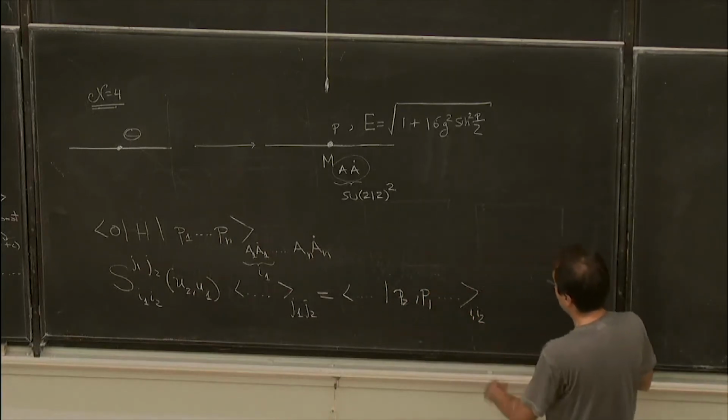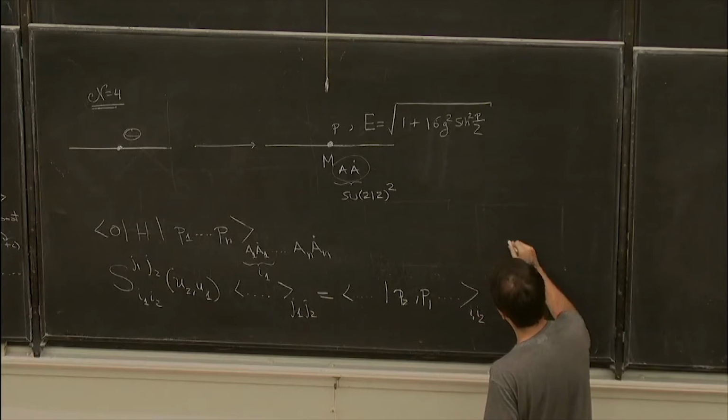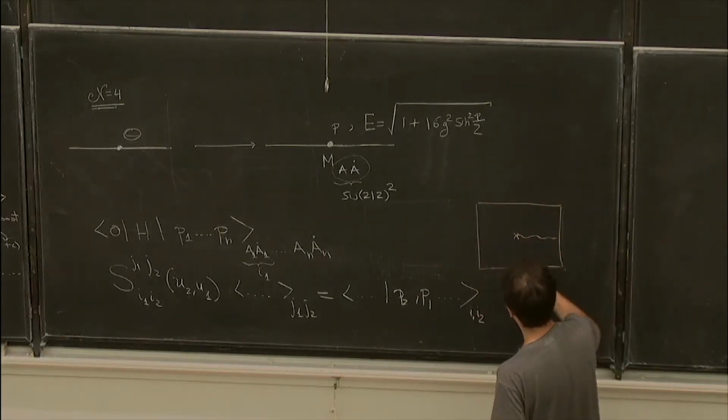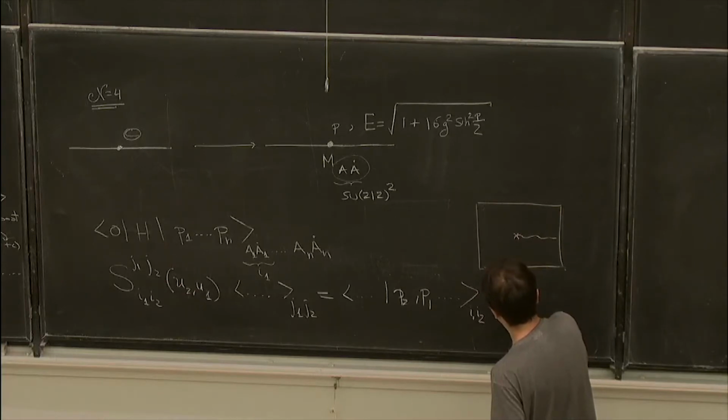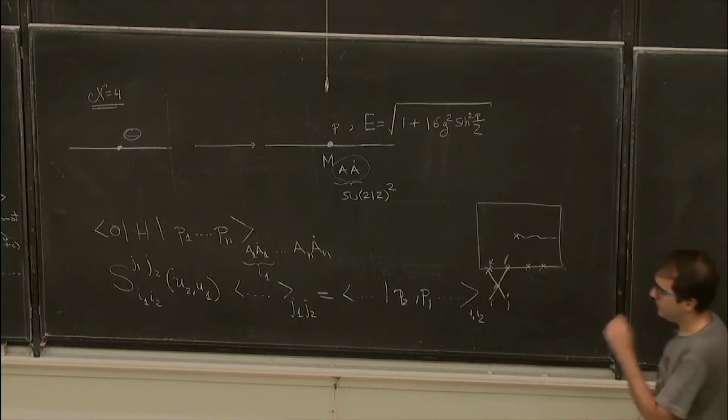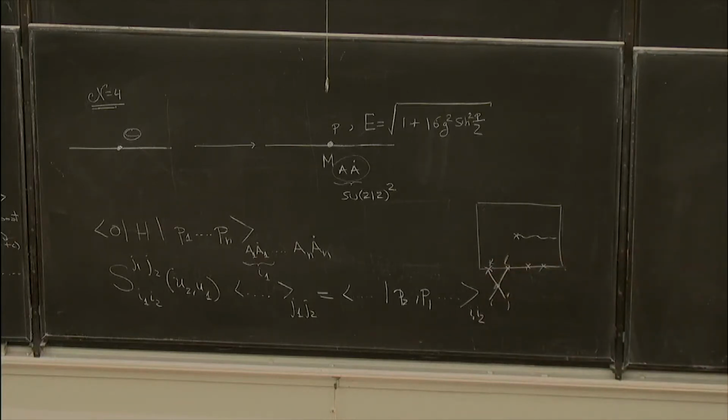Okay? So graphically, it's exactly the same picture. I have my form factor. It's still drawn here. And I can swap two particles with an S matrix, but now there are indices I, J, K, L, and so on. Okay?